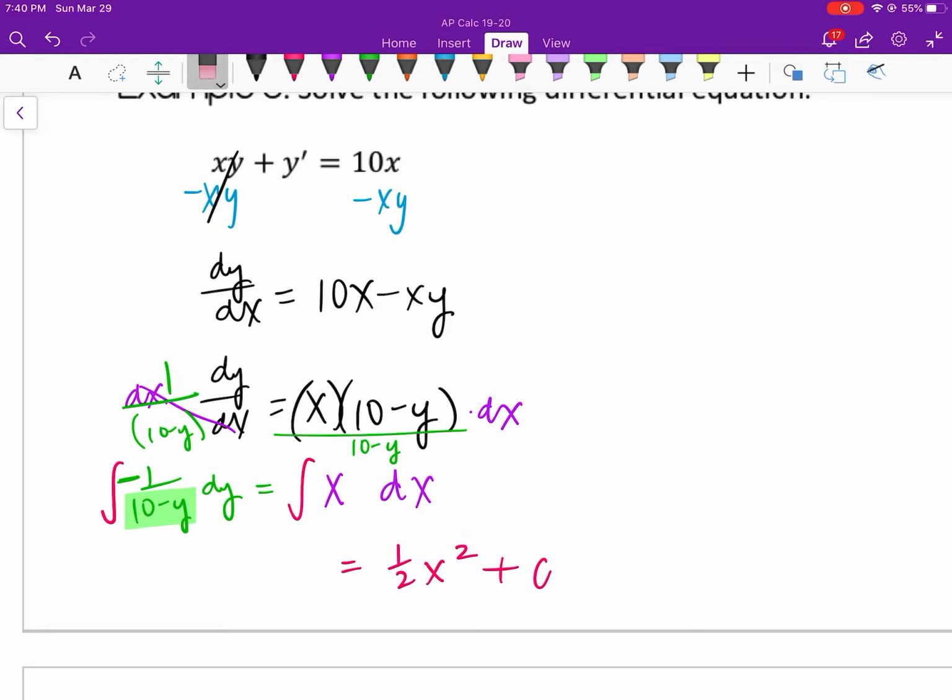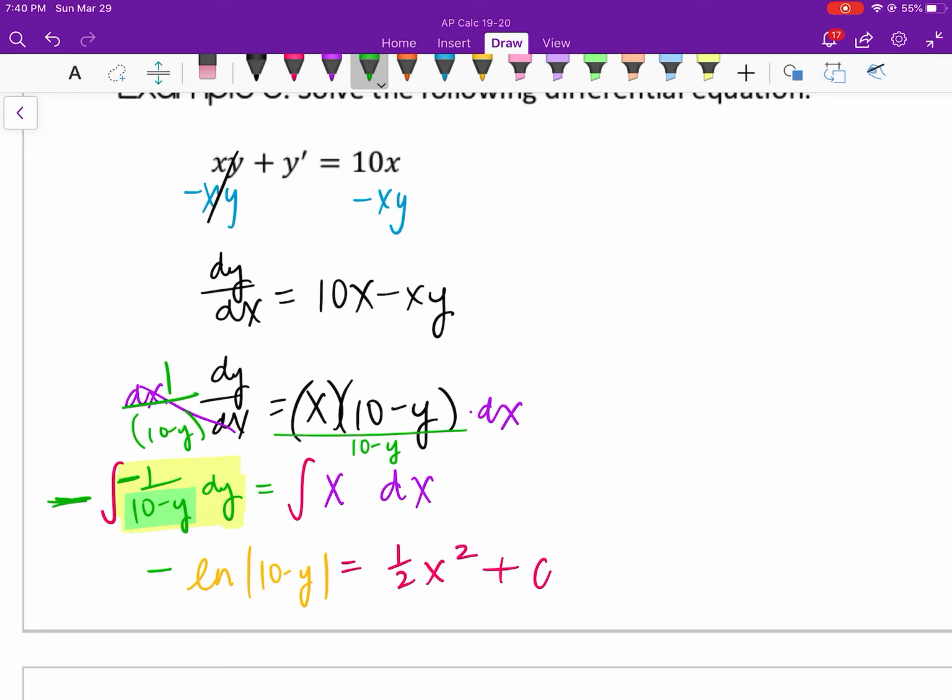Now, -1s are nice because you don't need to do 1 over -1, right? You just stick the negative right there. And now you can say, oh, okay, this entire antiderivative is just the natural log of that expression. Of course, in absolute values. And then you've got that minus out front.